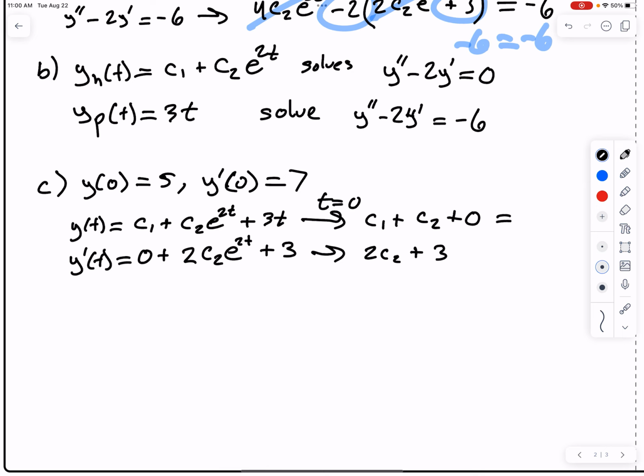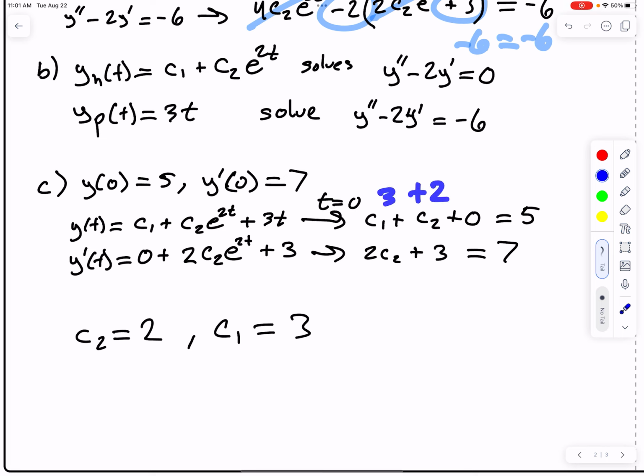And this is supposed to equal 5, and this is supposed to equal 7. So if I look at this equation, I can see that C2 is probably supposed to be 2, because 2 times 2 plus 3 is 7. And if C2 is 2, then C1 has to be 3, because 3 plus 2 equals 5. So C1 equals 3, C2 equals 2.